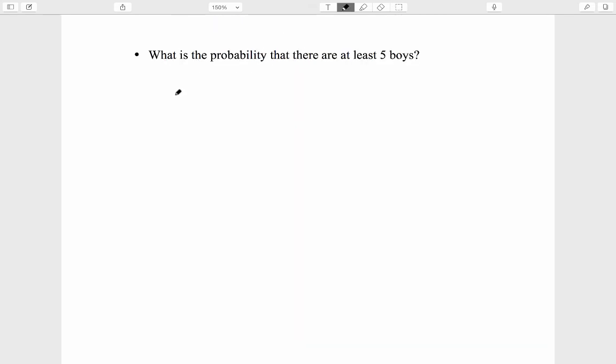To put this into practice, let's ask, what is the probability that there are at least 5 boys? The first thing I do is write down row 7 of Pascal's triangle. That is my immediate response. Now we have two choices. We can either think of these numbers as representing the number of outcomes with 0 boys, the number of outcomes with 1 boy, the number of outcomes with 2 boys, in which case 3, 4, 5, 6, 7, at least 5 boys means 5 boys or 6 boys or 7 boys.